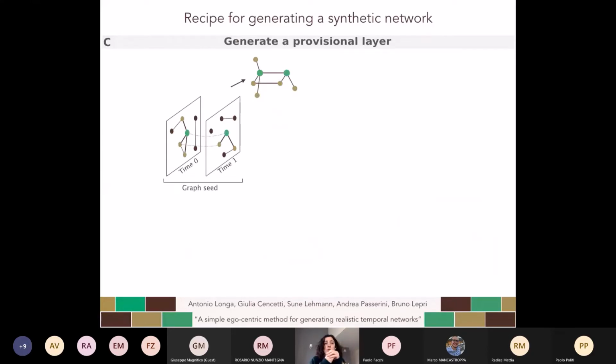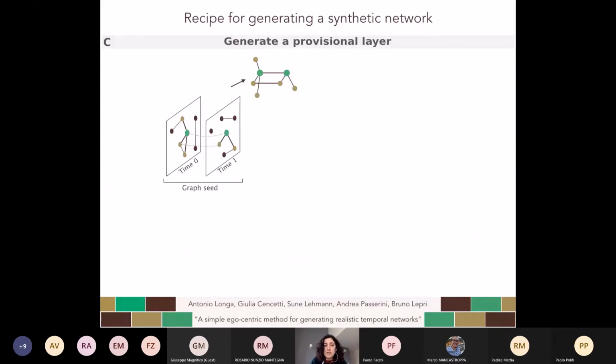Now let's suppose that we already generated the first 2 time steps of our new network, of our synthetic network. And then I now explain how to go on and generate the third time step. And then I will come back to explain how to initialize the system, so how to generate the first 2 layers.